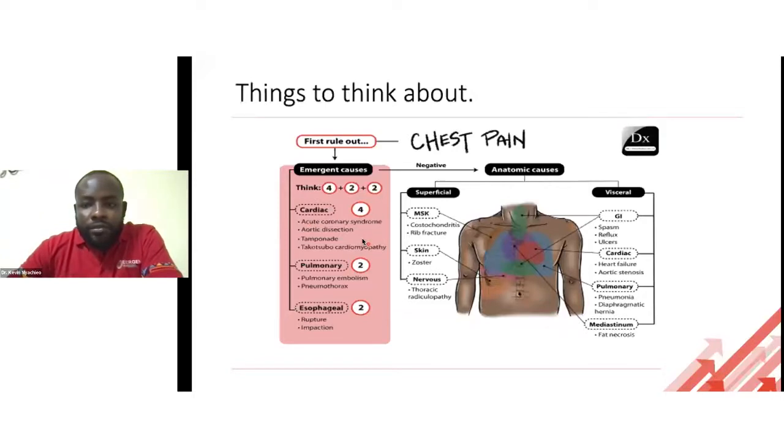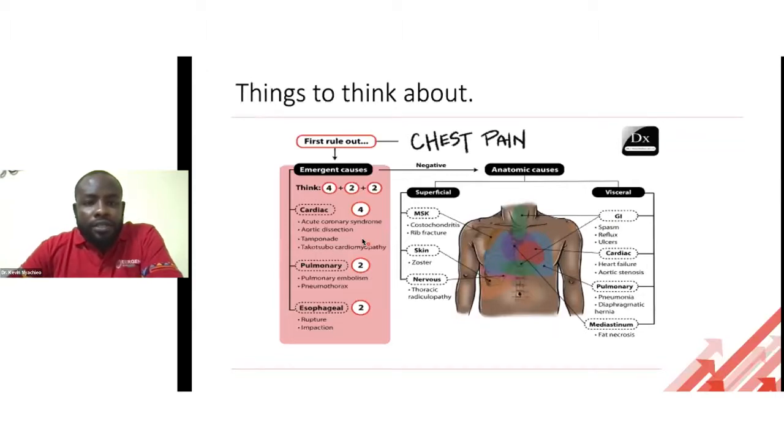What I want to emphasize is that when we are evaluating these patients, in addition to evaluating the pain or what has brought them to whichever facility you work at, it's also good to think about what kind of patient you're seeing. Are you seeing a young patient? Are you seeing an elderly patient?